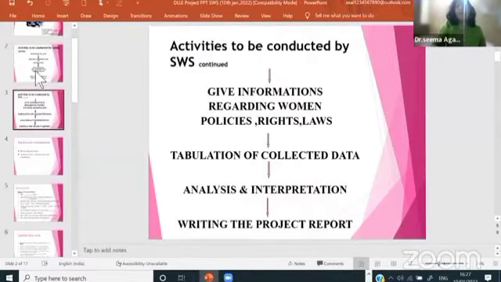Now, students, during the survey, you should also pass on some information regarding women. You can pass on information regarding the policies made by the Government of India for women, the laws made for women, and the schemes made for the girl child and for women by the Government of India.